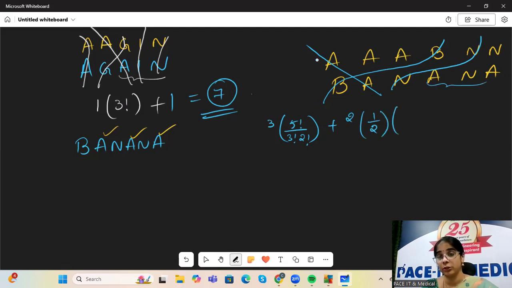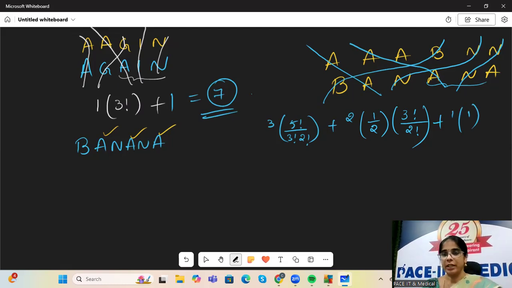Later you are left with 3 letters, 3 factorial, and 2 A's are repeated, hence 2 factorial there. Clear? Next, cutting this A with that A, nothing is left. Cutting N with N, before that N I have one letter, so 1 into 1, I am left with only 1 after that, okay? Next, plus A with A there. That is one final answer there, fine. So finally, you just have to add them up.